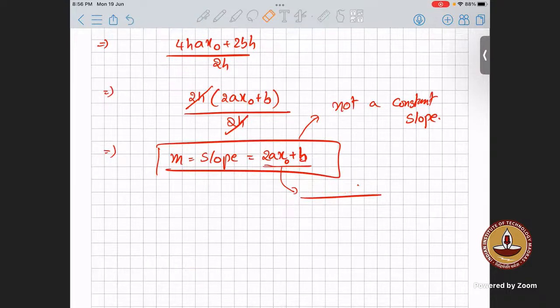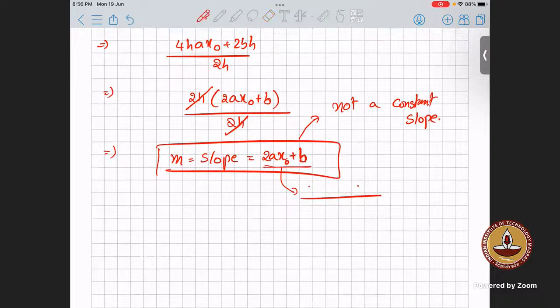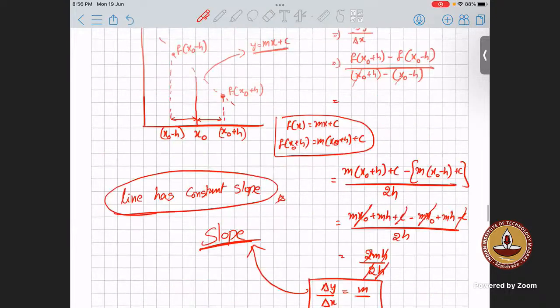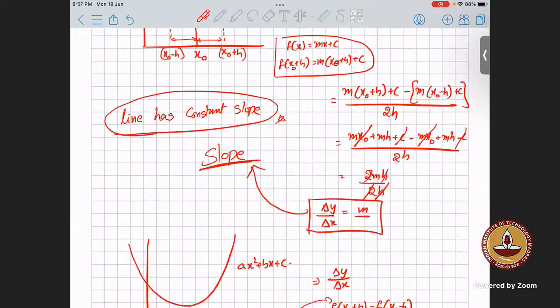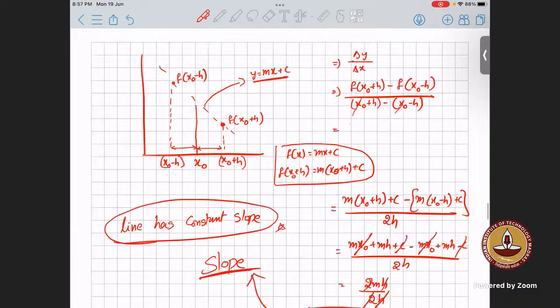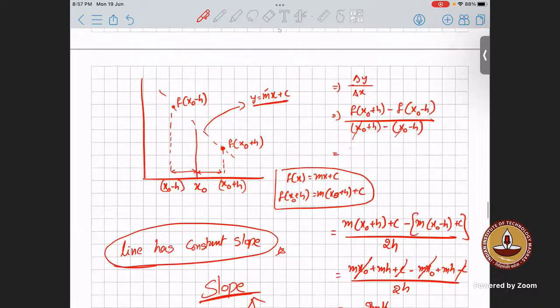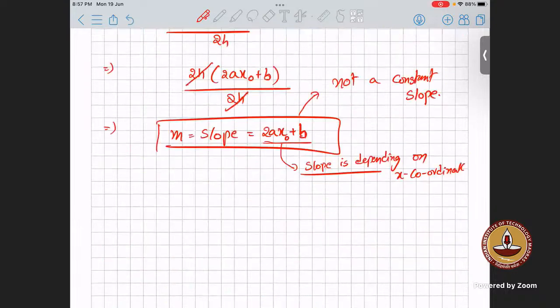But look at the straight line. It is not depending on anything. It is just a constant value m, which we already predefined: mx plus c. Agree?